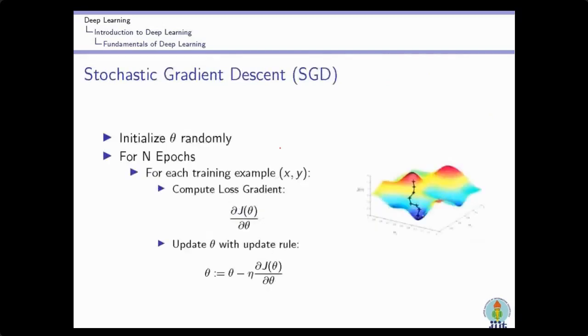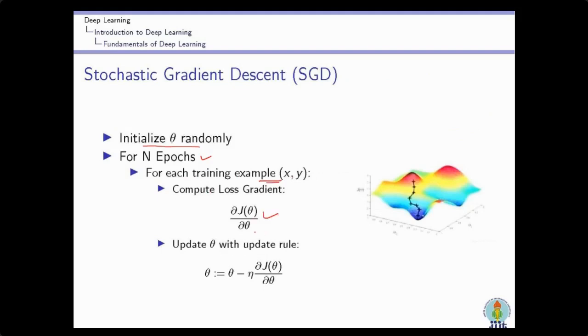So let's summarize how this algorithm works. You will see here how we have started. We have started with the initialization of the weights randomly. Then for n number of epochs, that is, n number of iterations, for each training sample, I will calculate the output, then I will calculate the loss, then I will calculate the loss gradient.